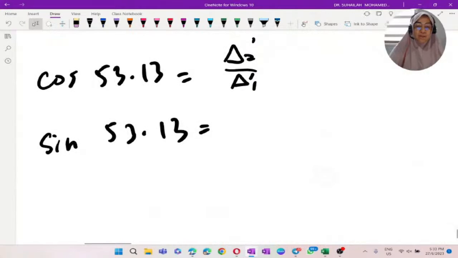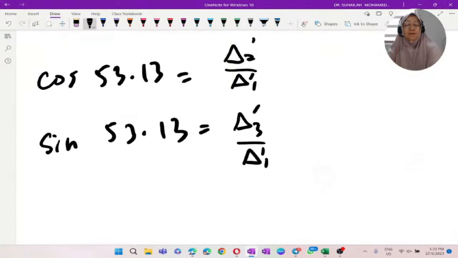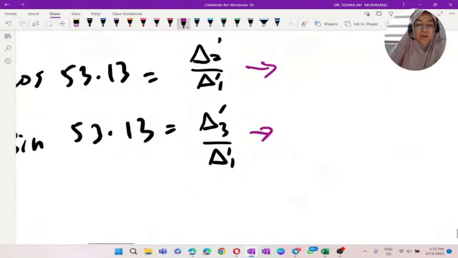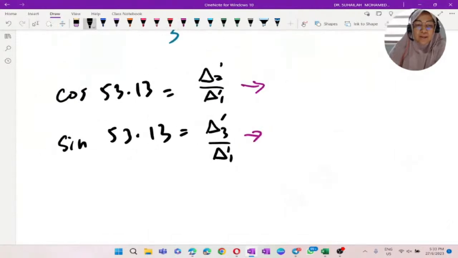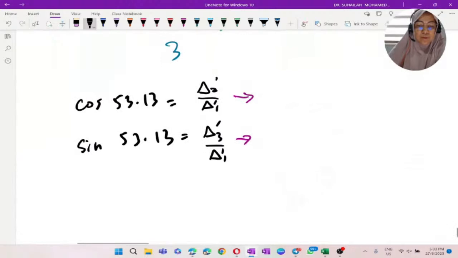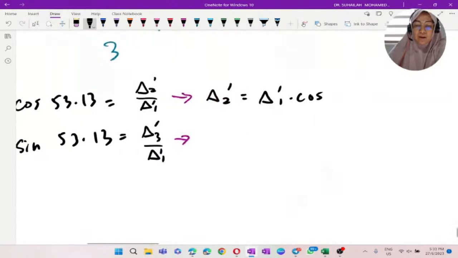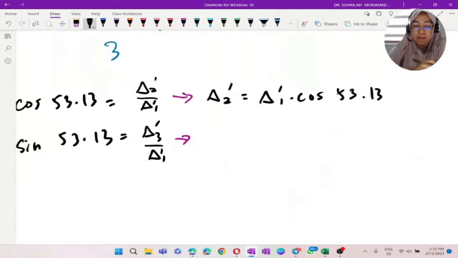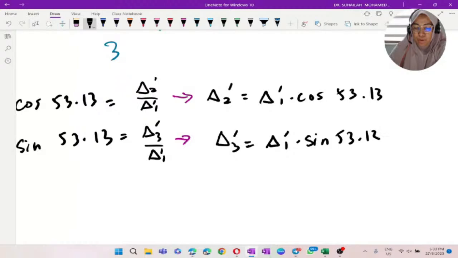So we get delta 2 prime is equal to delta 1 prime cos 53.13 and delta 3 prime is delta 1 prime times sine 53.13.